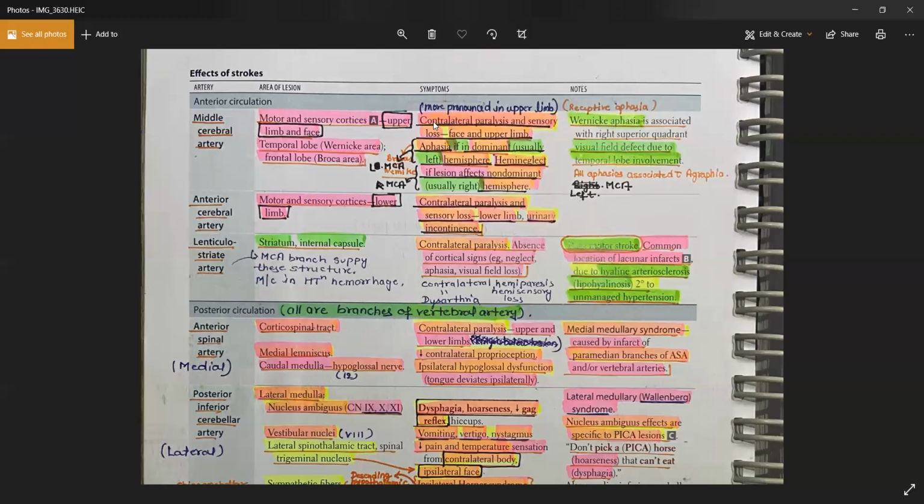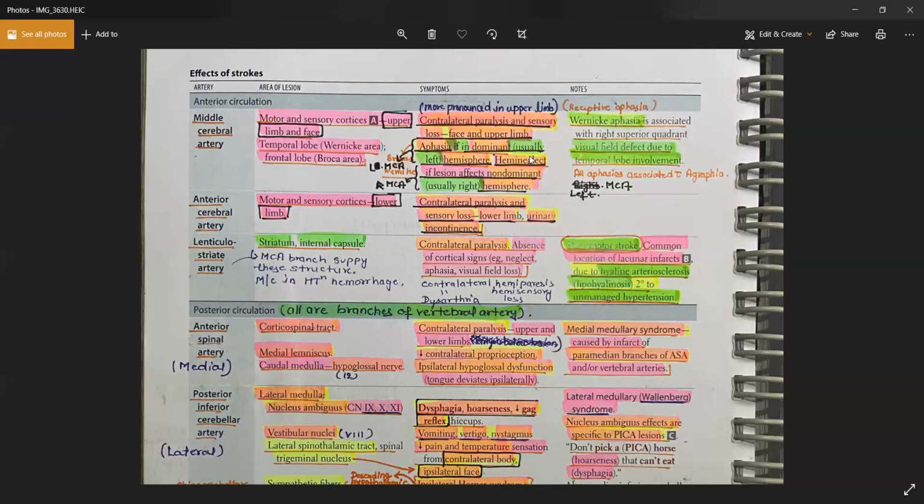Then you have Broca's area, which is an expressive type of aphasia. You cannot express your words. You want to say something, but you just can't. Because the MCA also supplies the parietal lobe, if the dominant parietal lobe is damaged, that means if the left MCA is involved, you can have what is known as Gerstmann syndrome. If the non-dominant parietal lobe dies, that means if the right-sided MCA is involved, you can have hemineglect syndrome.